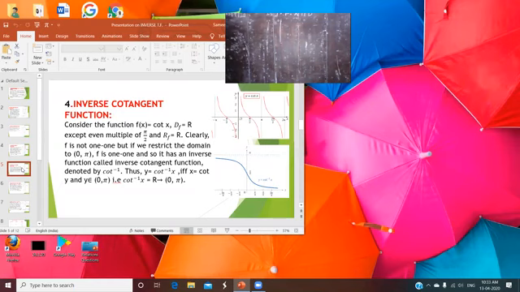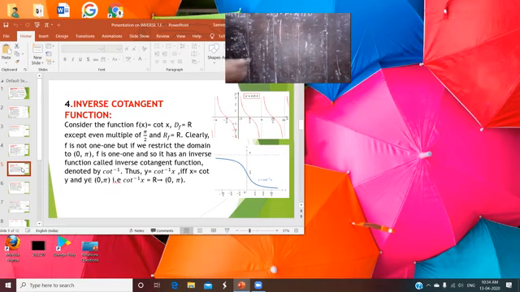In the same way, cot x is not defined wherever sine becomes 0, because cot x is cos by sine. The angles for which sine is 0, for those cot is not defined.